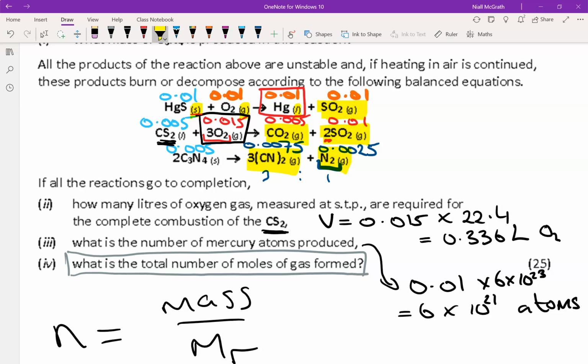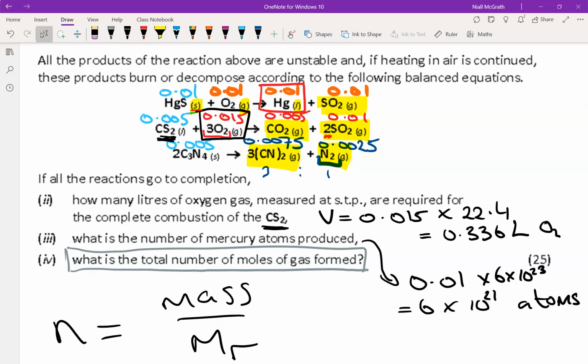Okay, so you're just adding up the number of moles of each of them that we have, and by going down through the equations before we even started, it's just adding up those numbers. So the only one we're ignoring really is our Hg there. Okay, the rest of the products you just add up.